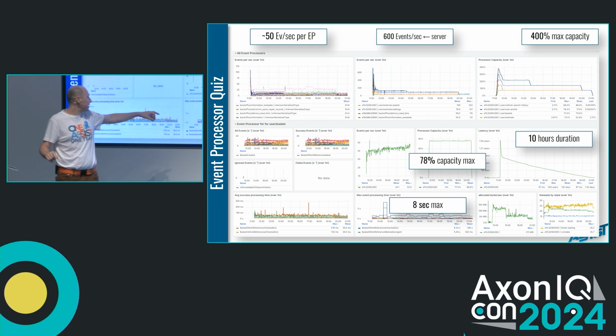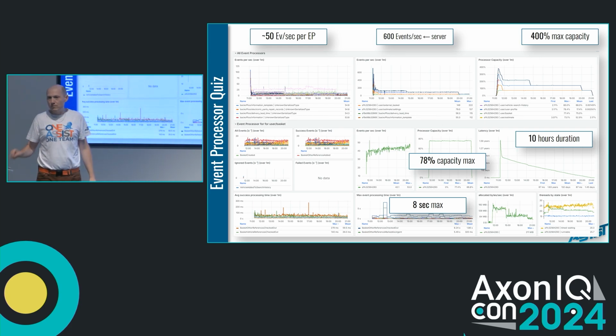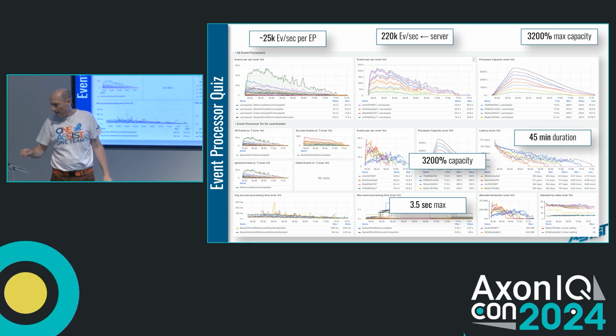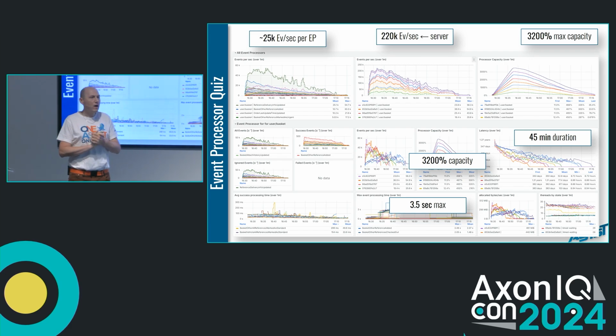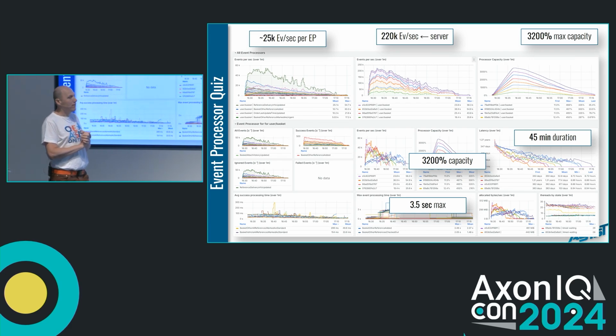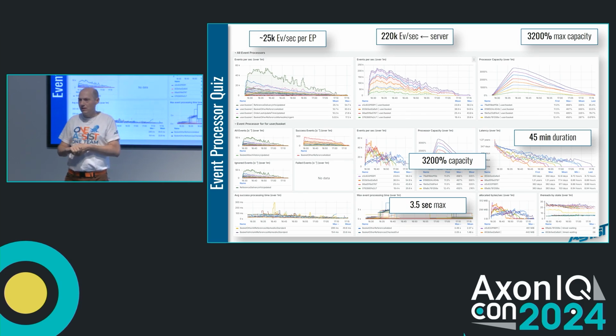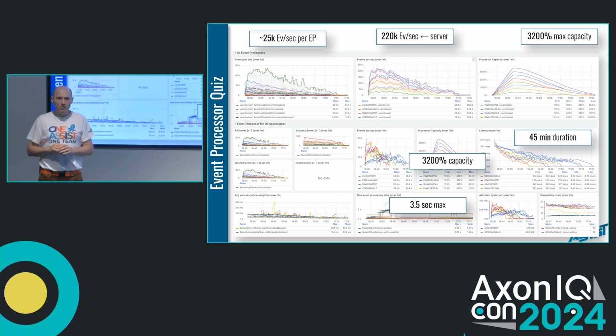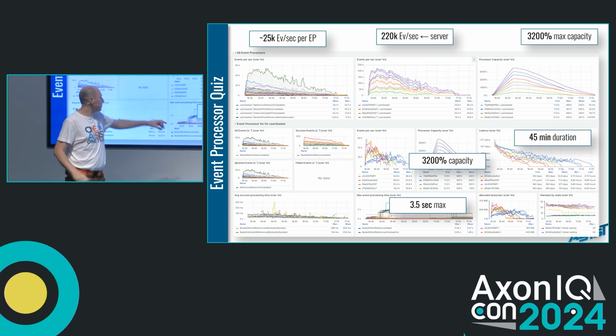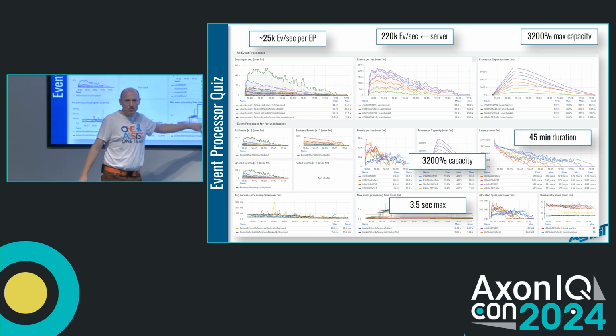And we saw some 8 seconds maximum event processing time, which we also fixed meanwhile. And now we have 220,000 events per second being digested by the application just by configuration and one fix. But the fix wouldn't influence it that much because you see we went down from 8 to 3.5.